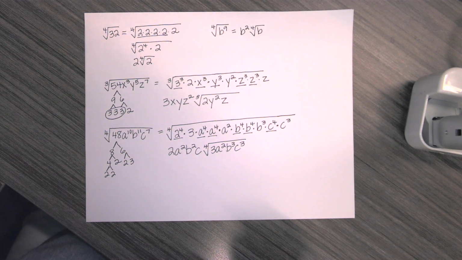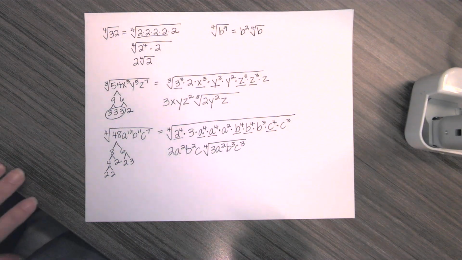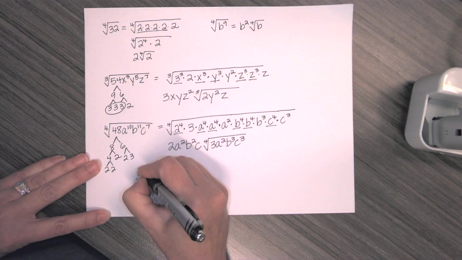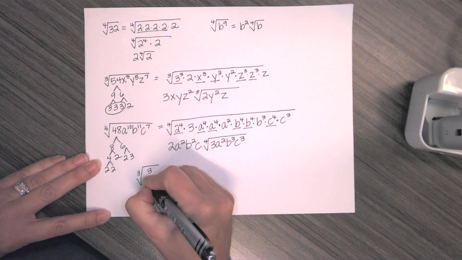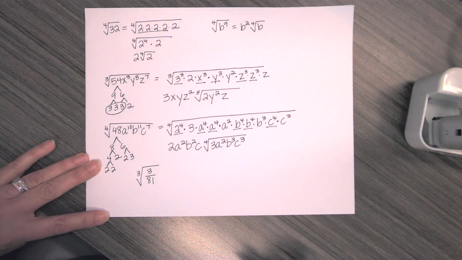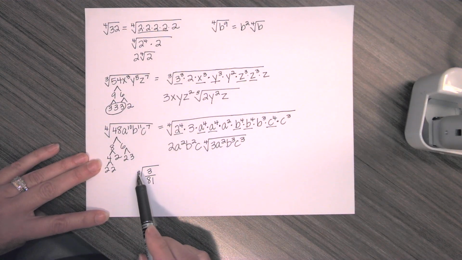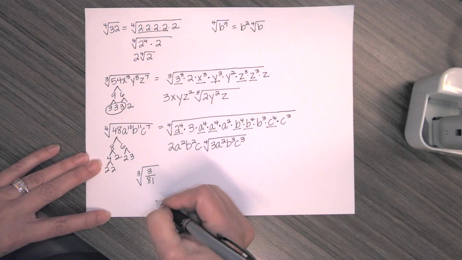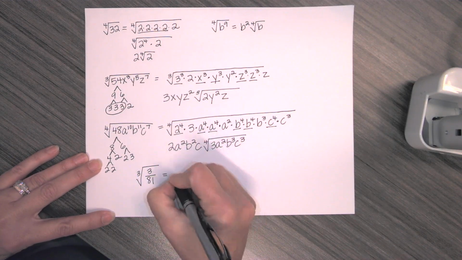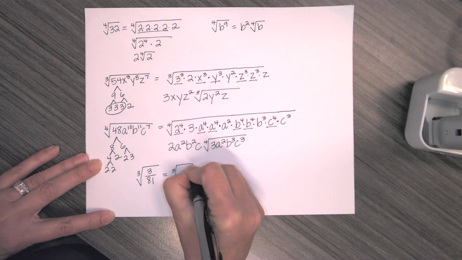Now, one more thing I want to look at is when you have a fraction underneath a radical, my suggestion to you is to try to simplify that fraction first before you try to simplify the cube root. So 3 over 81, 3 does go into 81 and it goes 27 times.